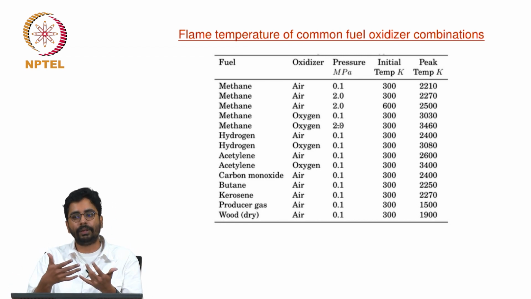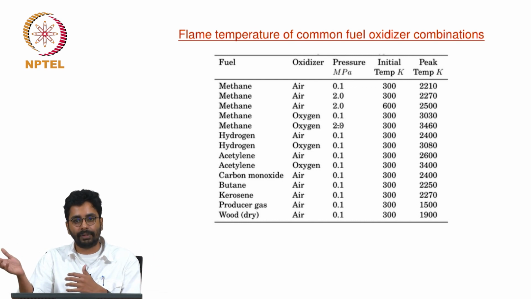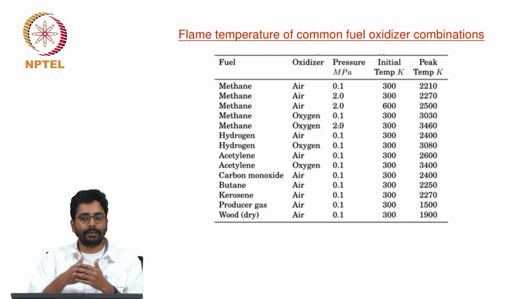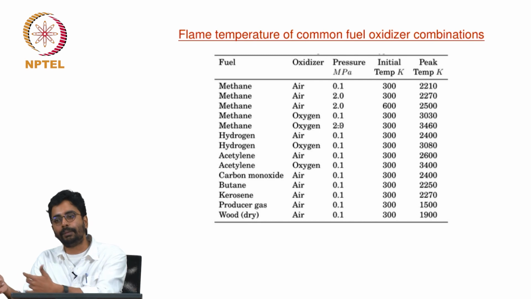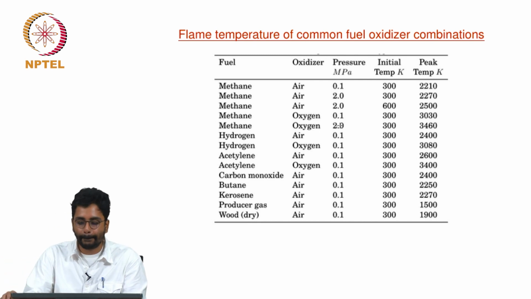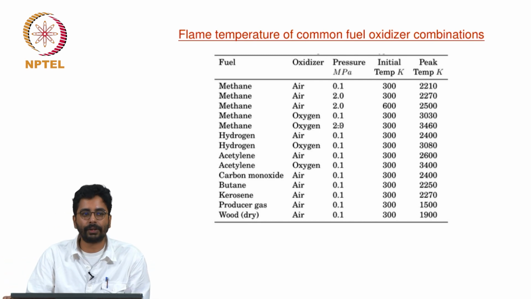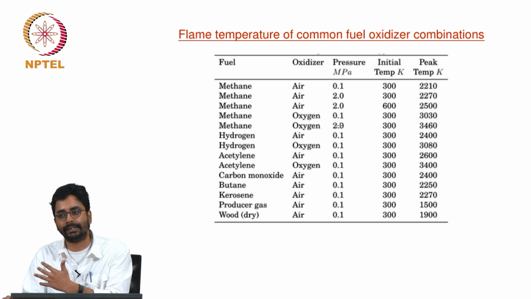The point that I want to make is that raising the temperature of the reactants will increase the adiabatic flame temperature. The other point which I want you to think about is that at the same initial temperature, increasing the pressure will increase the final adiabatic temperature till some level of pressure. Okay, that is because the extent of dissociation decreases with increase in pressure.